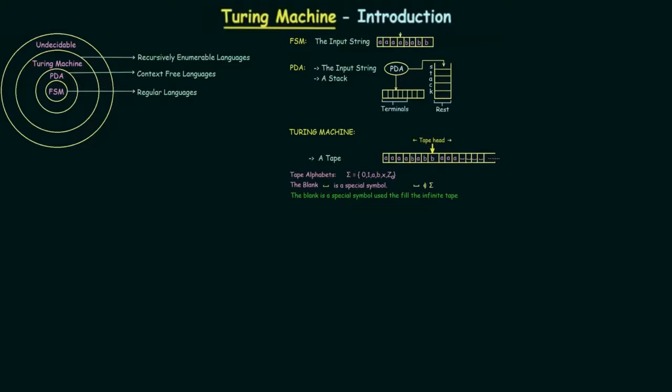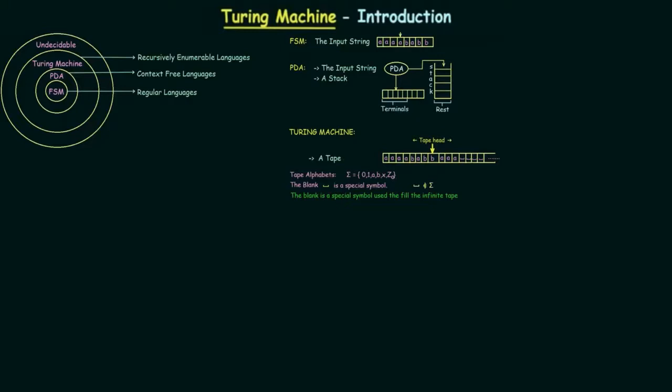It can hold an infinite amount of data, but after the end of the input string, the remaining cells will not be empty. They will be filled with a special symbol called the blank symbol.